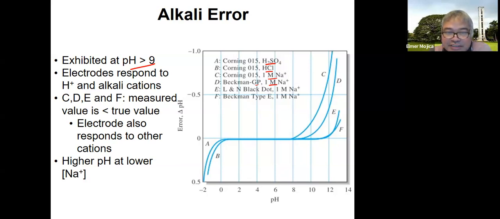The C, D, E, and F, all of them, when you put them in the Na plus, what happened? The measured value is lower than the true value. Okay. So the electrode also responds to other cations.